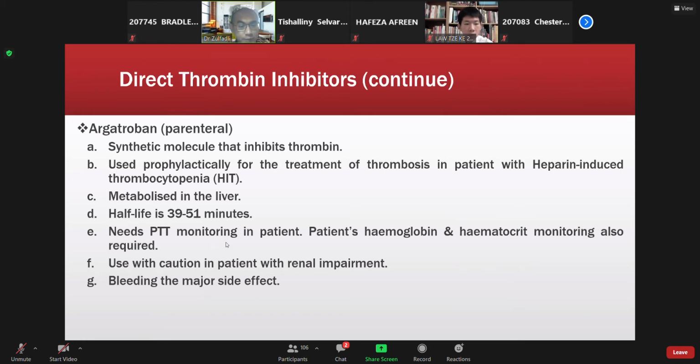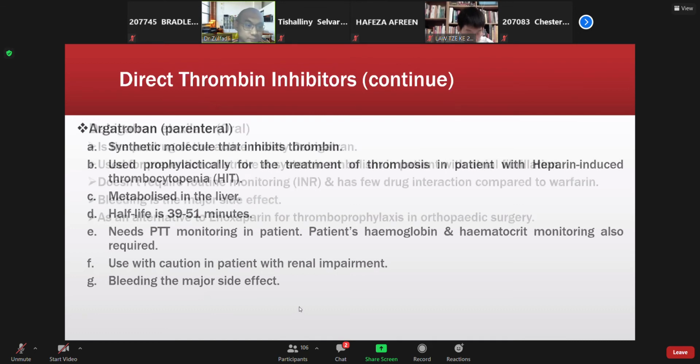Argatroban also needs PTT monitoring. Patient's hemoglobin and hematocrit monitoring is also required, because the adverse effect of this argatroban is bleeding as well.